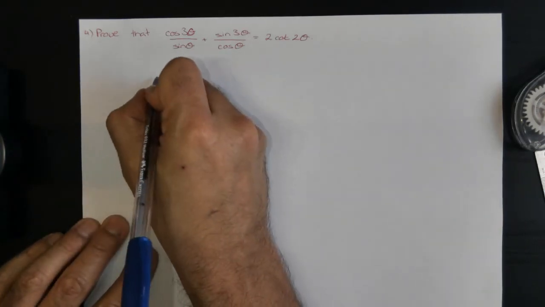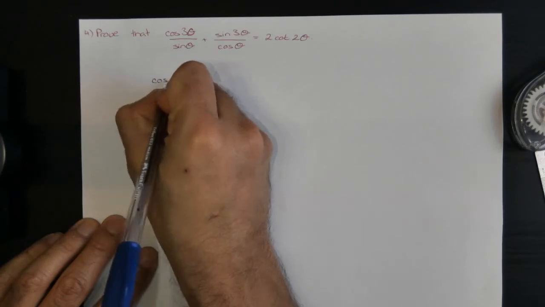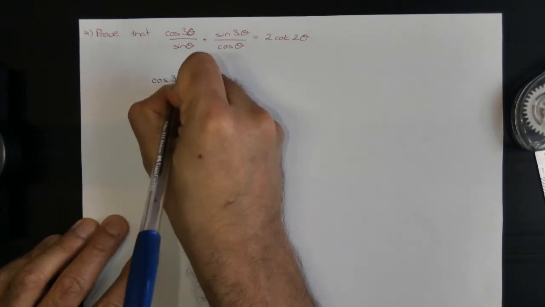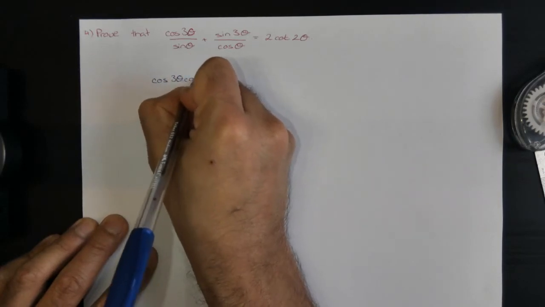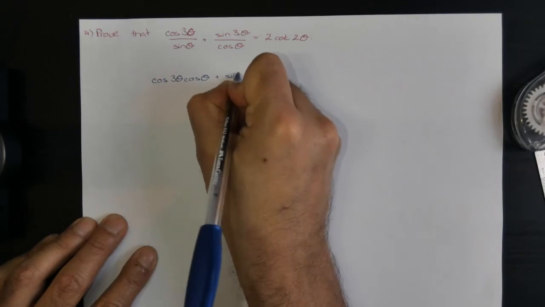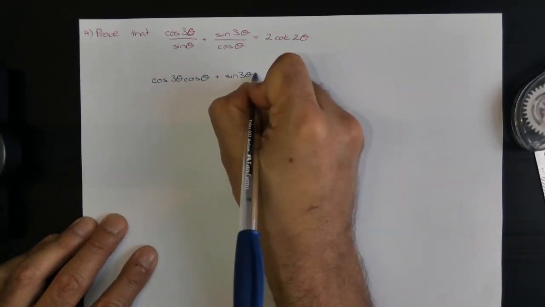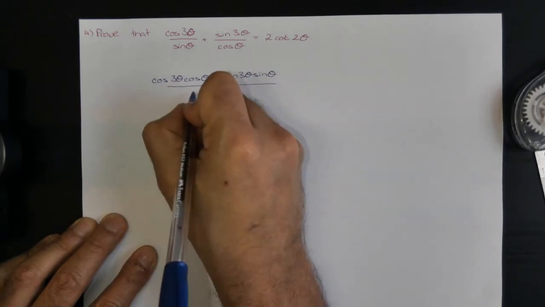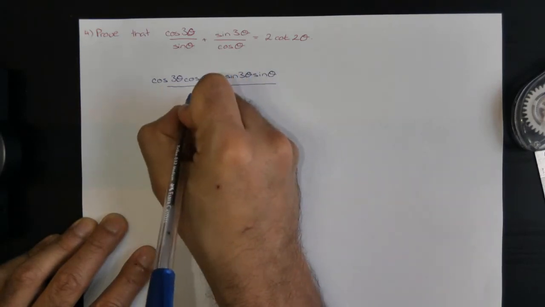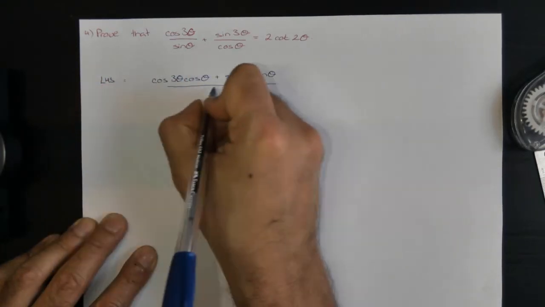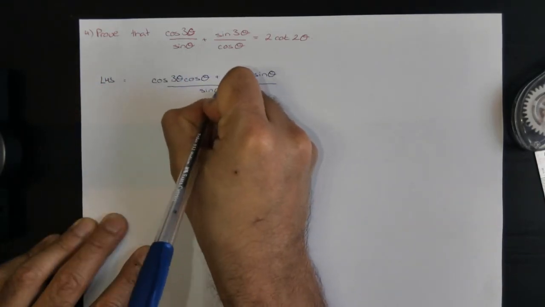So we've got cos 3 theta cos theta plus sine 3 theta sine theta, all over sine theta cos theta.